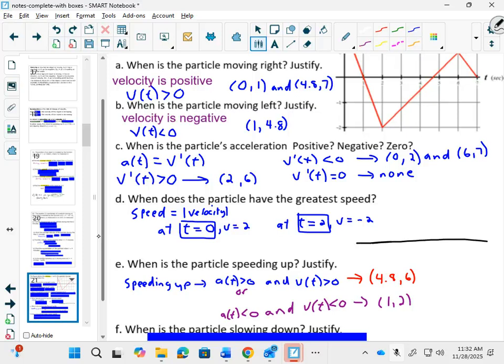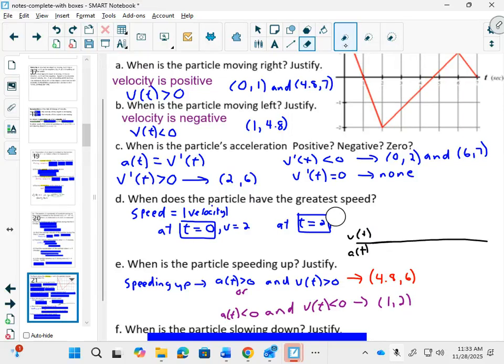Make my chart. I'm going to put velocity on the top, acceleration on the bottom, and actually, I'm going to erase part of my previous answer here. And then different values. So I'm starting at 0. When do things change? Velocity changes from positive to negative at 1, right?